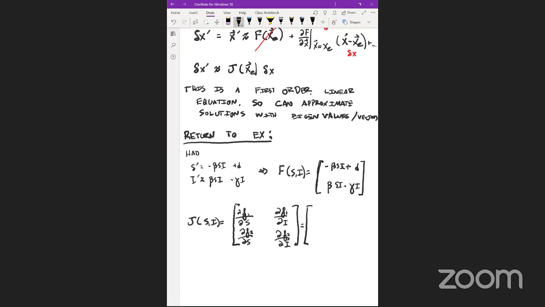The derivative of the first function with respect to S is just going to be minus beta I. D is constant, so it goes away. The derivative with respect to I is going to be minus beta S. The derivative of the second function with respect to S is going to be beta I, and the derivative with respect to I of the second function is beta S minus gamma. Okay, any questions?